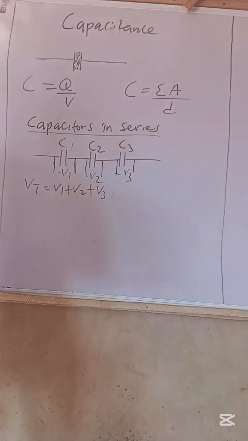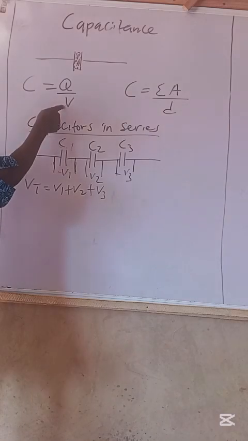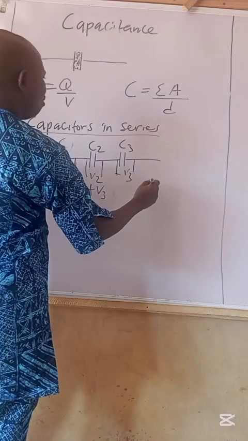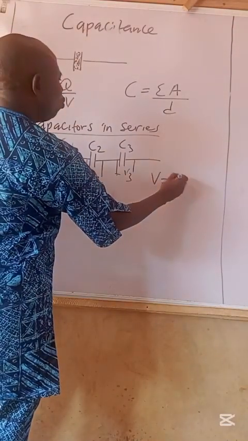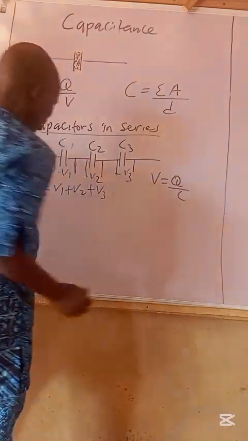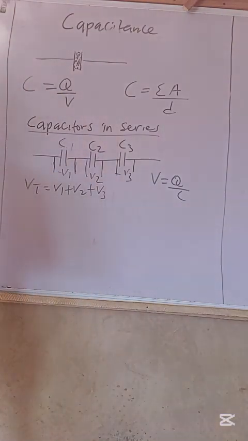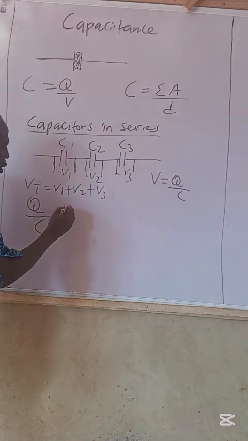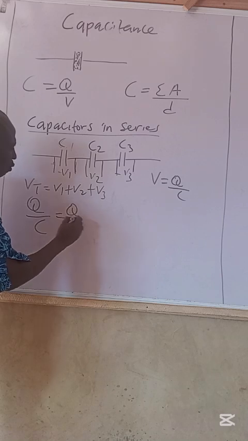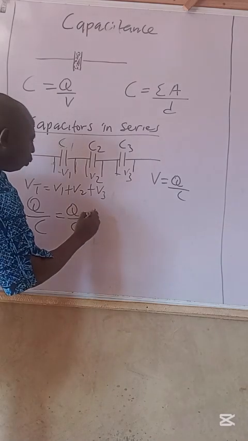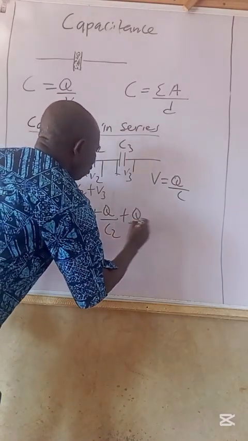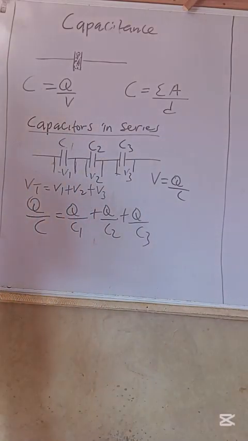You can see now that our V will be equal to Q over C. Which means instead of V, we are going to write Q over C total equal to Q over C1 plus Q over C2 plus Q over C3.